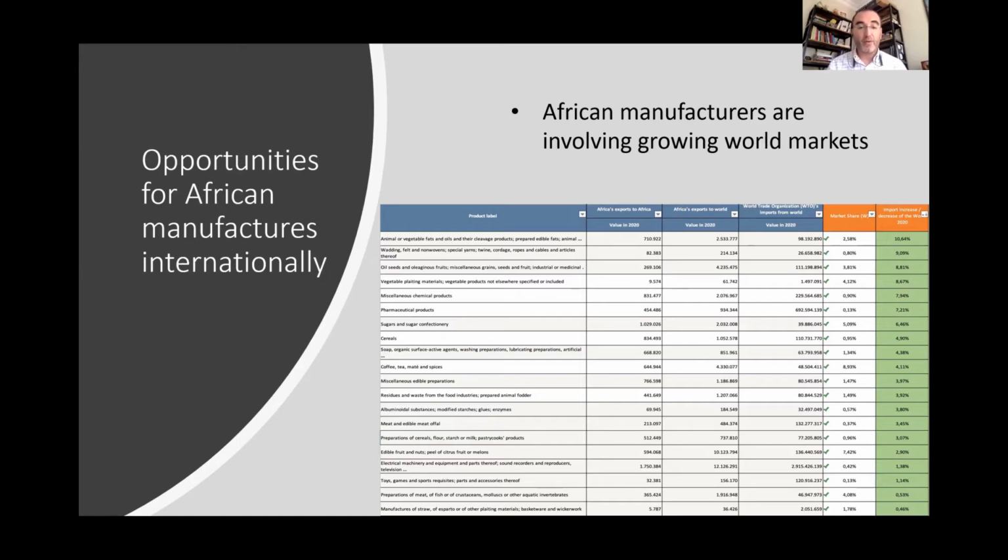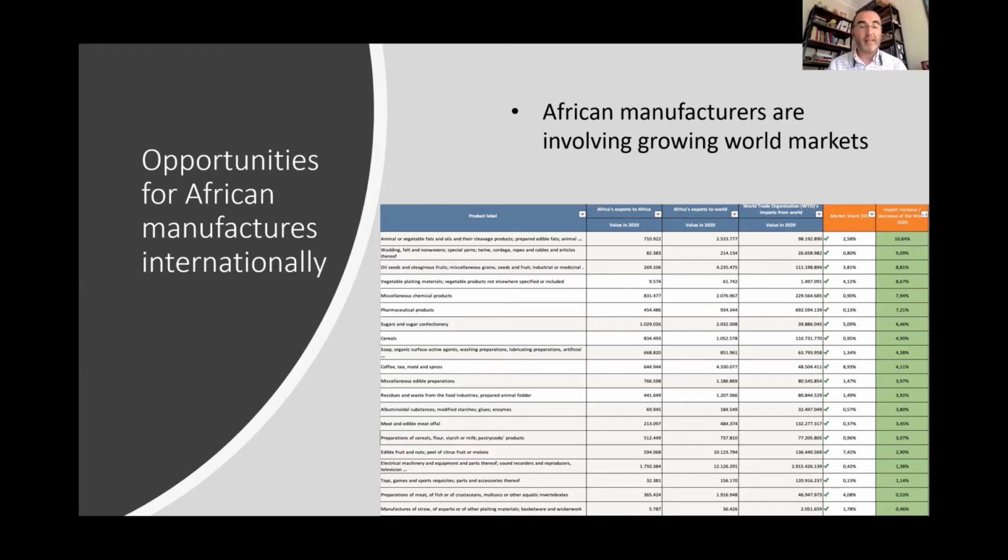And we see that for processed fruits and nuts, Africa will have a higher world market share. As we see from last year, for edible fruit there was an increase of 2.9 percent, and African countries have a market share of about 7 percent.